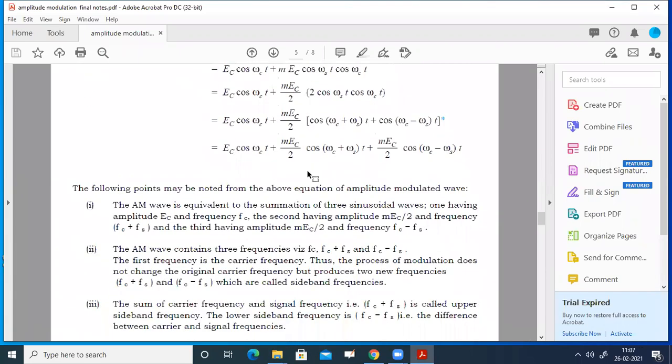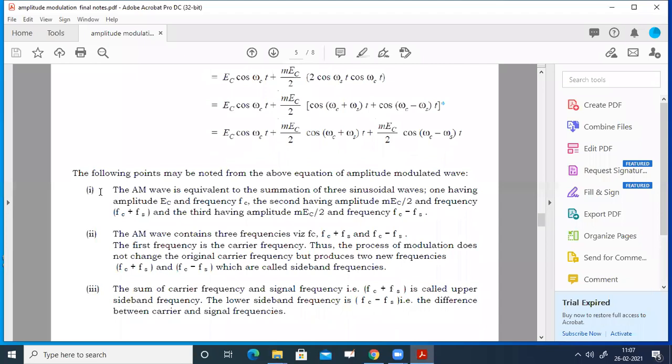These are the summary of the AM wave. The AM wave is equivalent to the summation of three sinusoidal waves. Here, Ec is the amplitude of the carrier, Fc is the carrier frequency, and the amplitude of each band is represented by mEc/2.